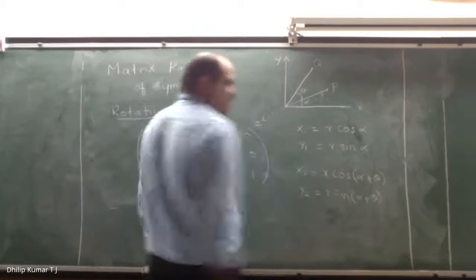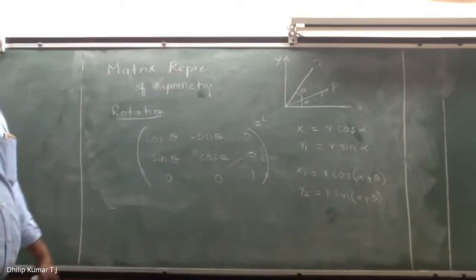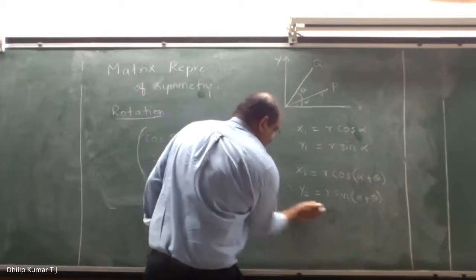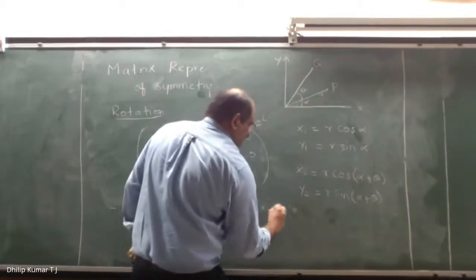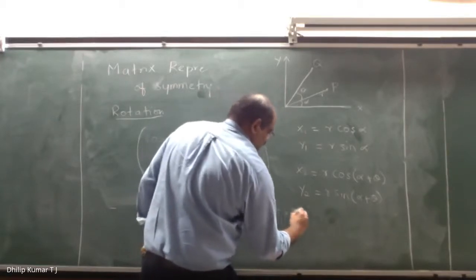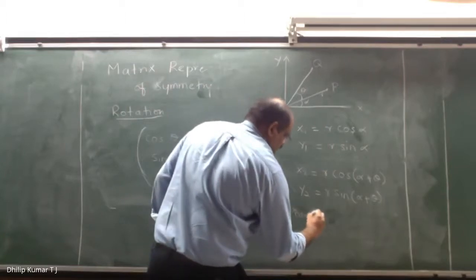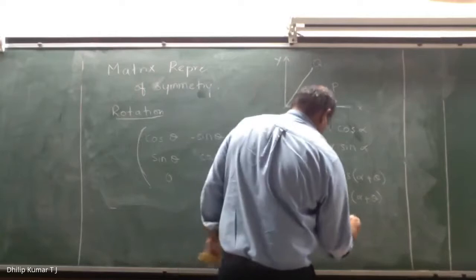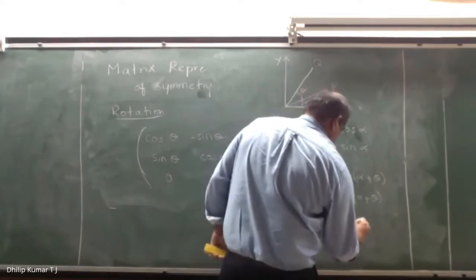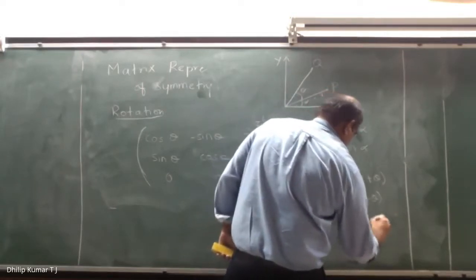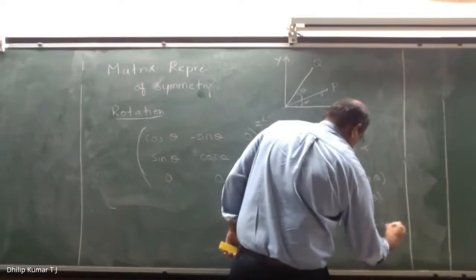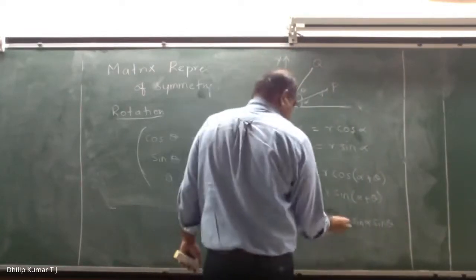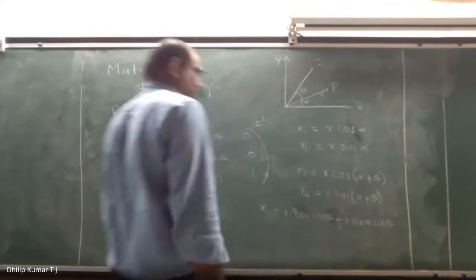We know the formula, right? cos(a plus b) is cos a cos b minus sin a sin b. Is it plus or minus? Cos(a plus b).